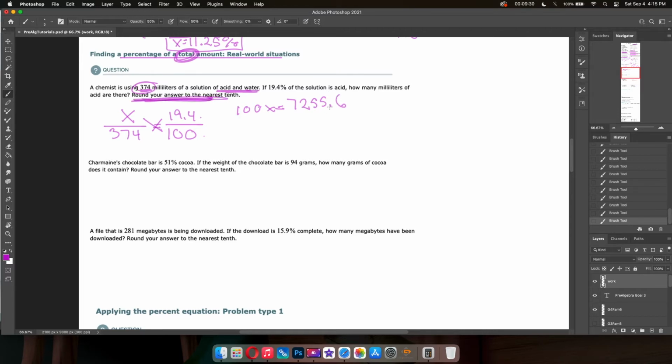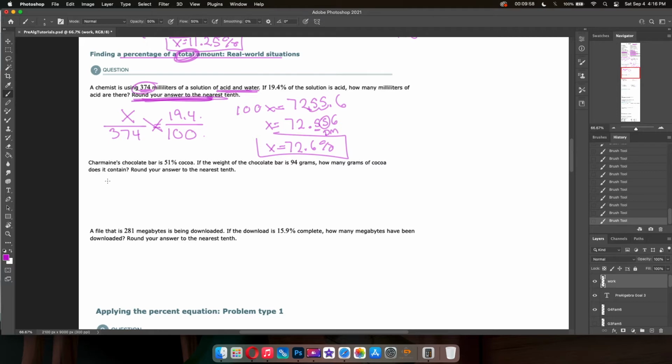So this decimal, when I move it over 2 places, that is going to be 72.556. That's a little ugly for a decimal. It's not the worst we've seen in these videos, but now because it's to the nearest tenth, there's the tenth place, and there is my decision maker, my DM. And since that's a 5 or more, we're going to round up, so x equals 72.6%. Ta-da!